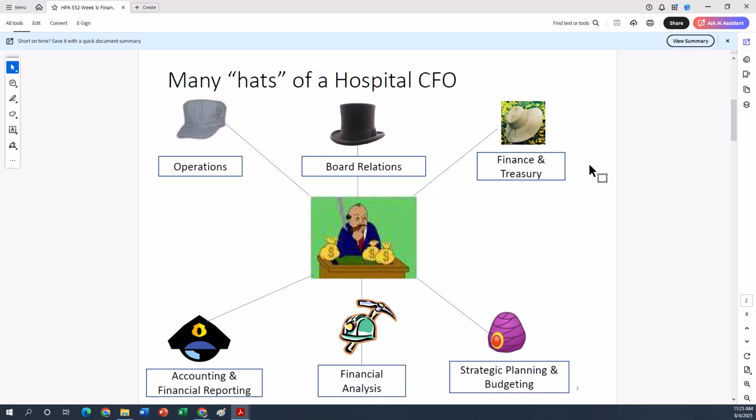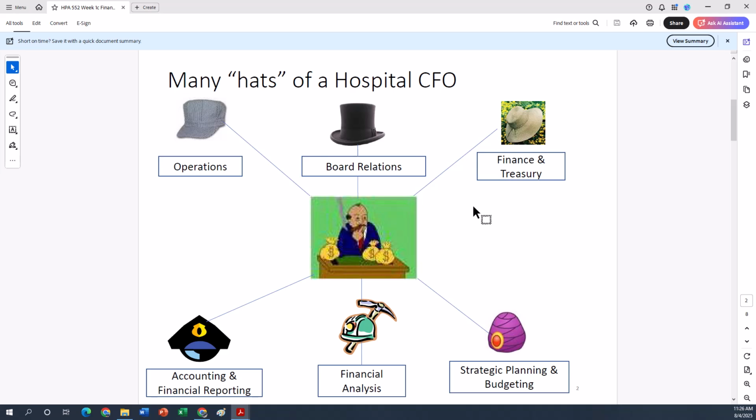Finance and treasury, you grow your garden, grow the portfolio. Accounting and financial reporting, I guess the policeman's hat should be somewhat obvious. Financial analysis, a lot of mining of data, so you've got the miner's hat. And then strategic planning and budgeting, right, looking into the future.